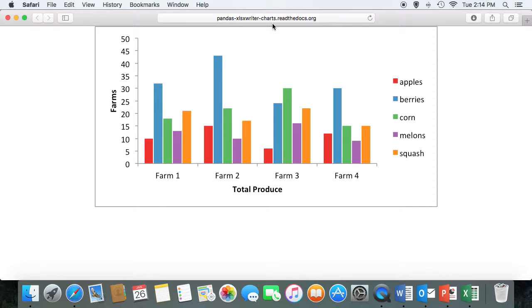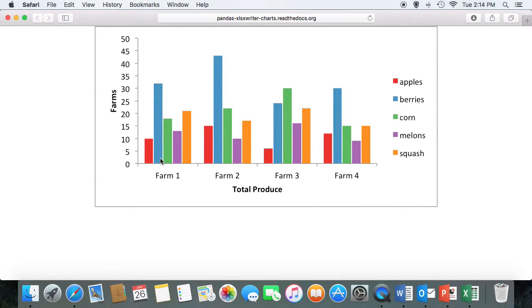Sometimes people mistake these as histograms, but they're not necessarily histograms. Histograms are connected. There is no gap in between the bars on a histogram, and histograms are continuous. That's why there's no gap.